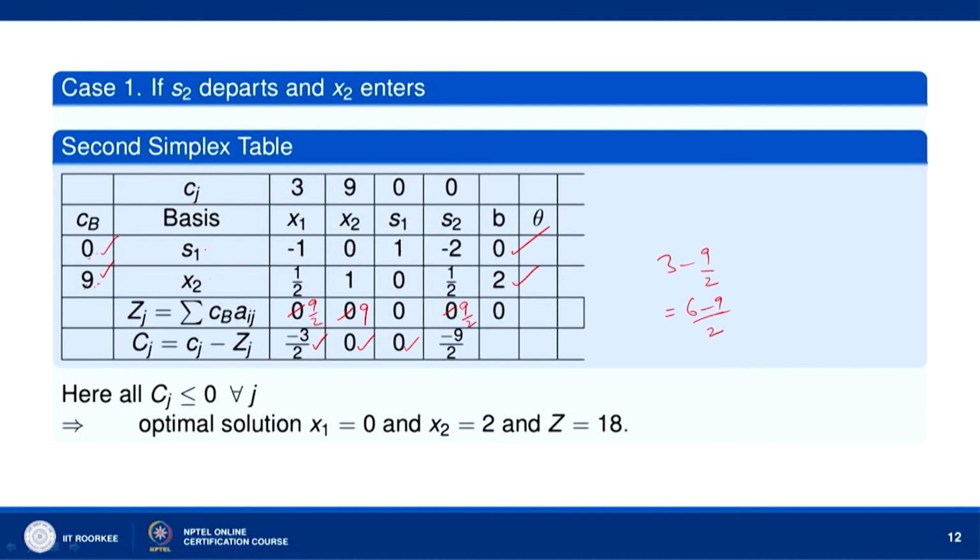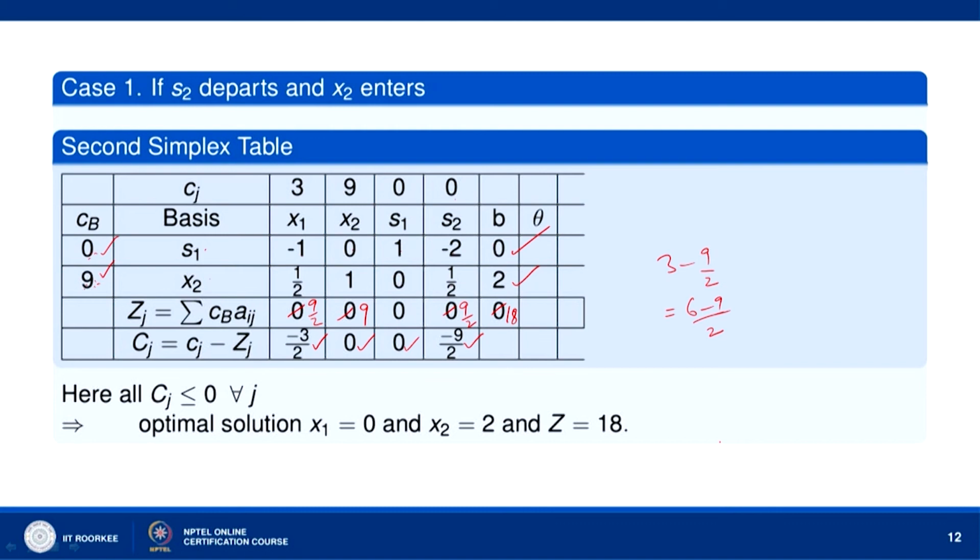So, 0 minus 9 by 2 is minus 9 by 2. And then 0 into 0 is 0, 9 into 2 is 18. So, this should be 18.